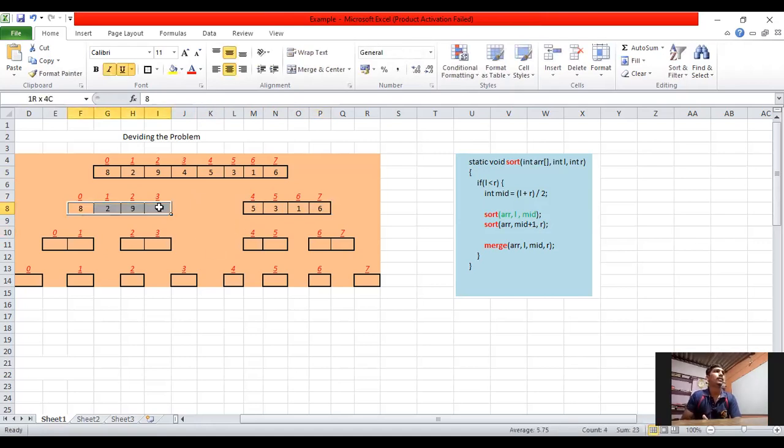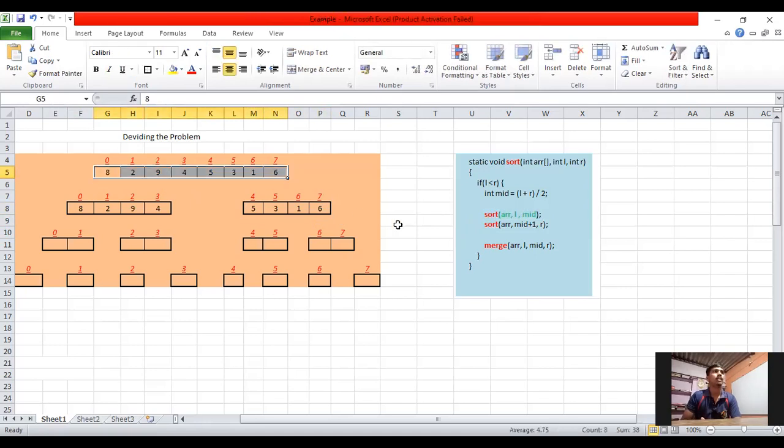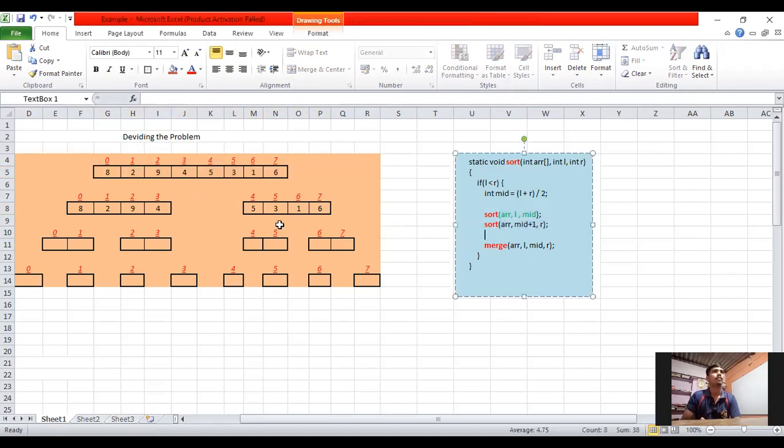After dividing this, we call the method again, for the right hand side of this array and again for the left hand side. When we call the function again, it also calls for the right hand side and the left hand side.